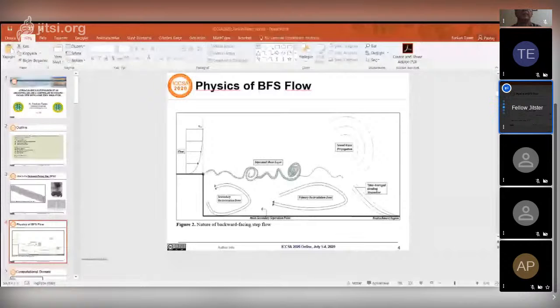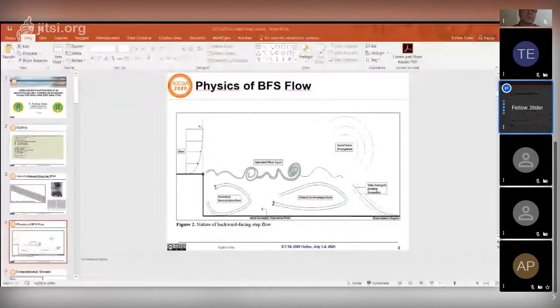The velocity is equal to 5 meters per second. We have a low Reynolds and low Mach number, which is shown in the takeaway box. Our Reynolds number is 0.0855 times 10 to the power 5, and the Mach number is equal to 0.015.